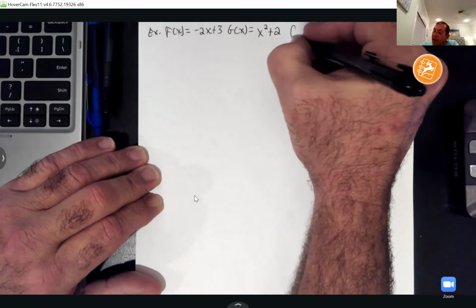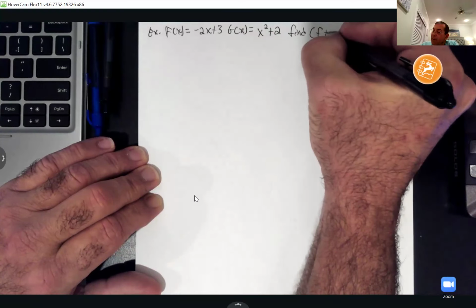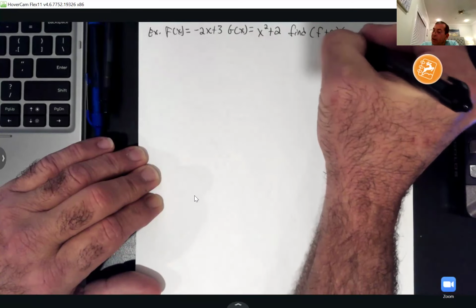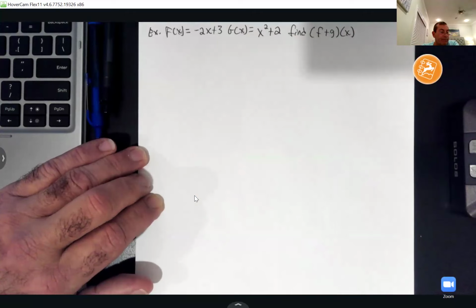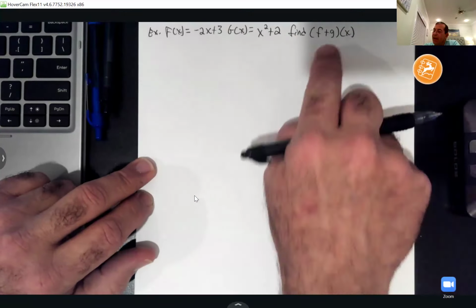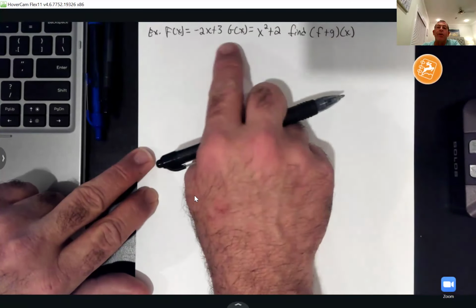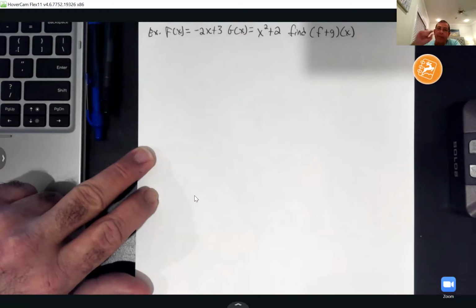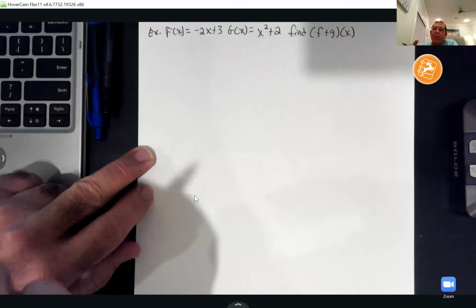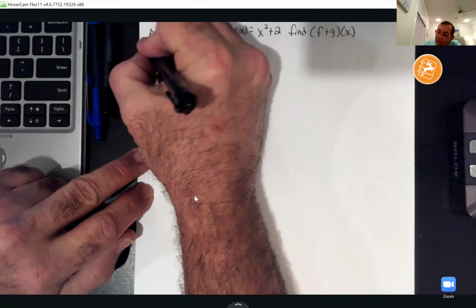They want me to find f plus g of x. So really nothing bad here. We're just going to add two functions together. They don't give me a number to put in this time. So remember, since we don't have a number, all we're going to be able to do to this is add like terms when we get there, okay?